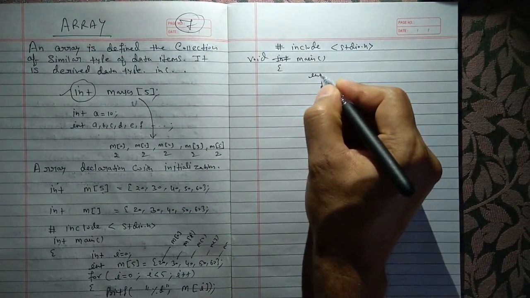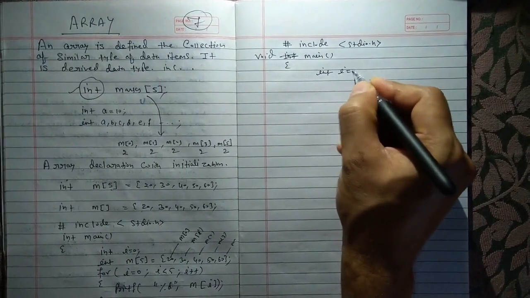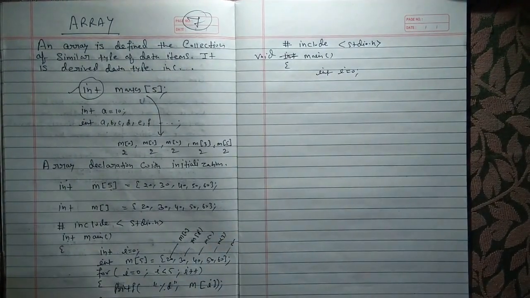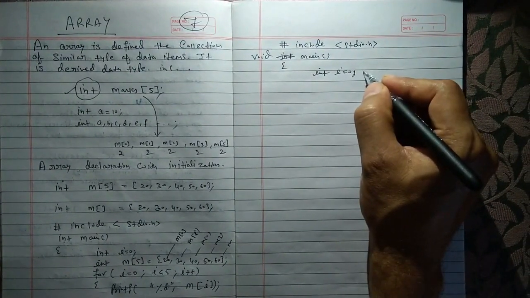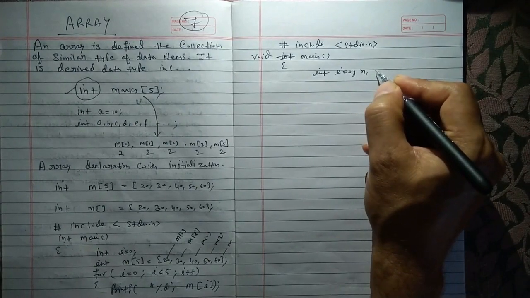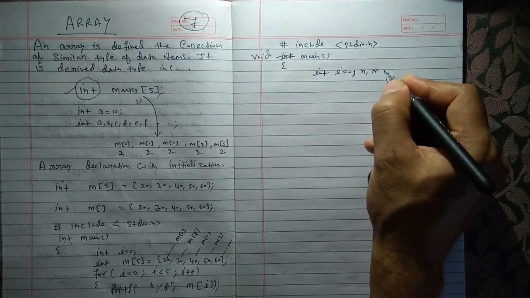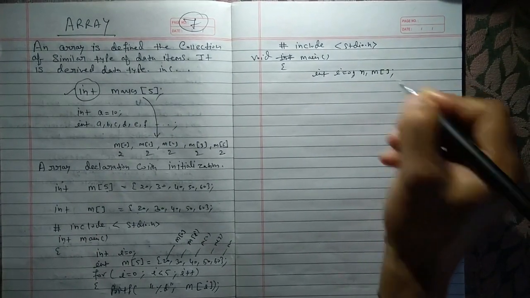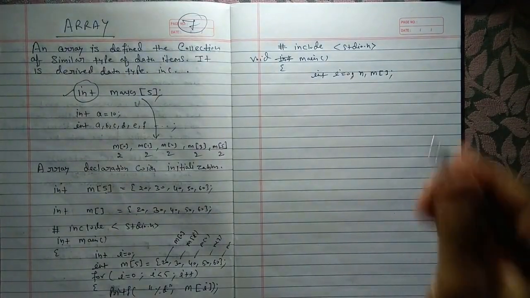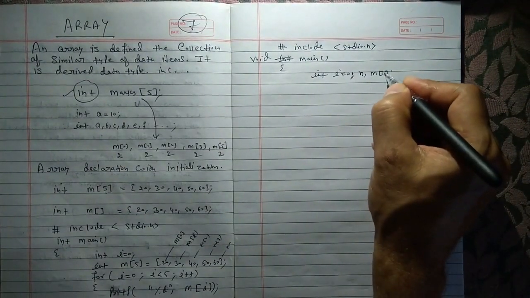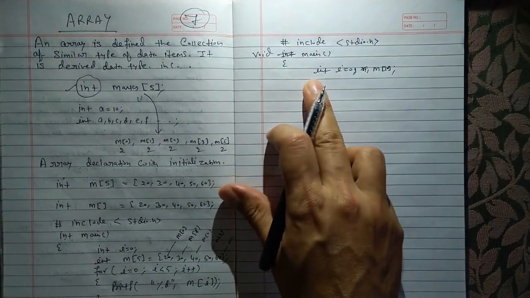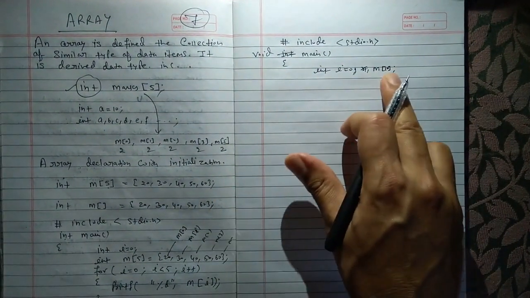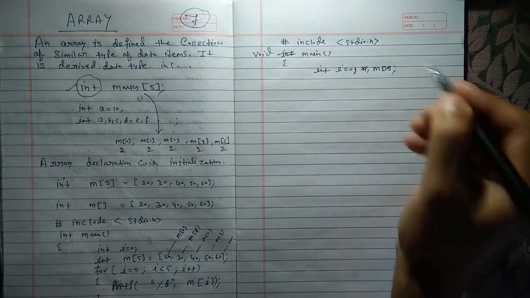I have written int i = 0, comma, and m[10], or you can write m[10], no problem. Then we have closed it.